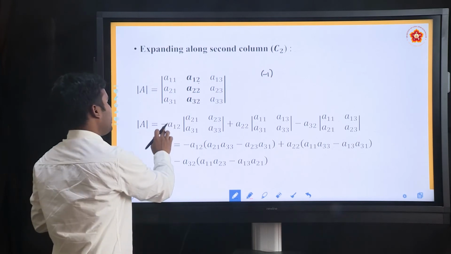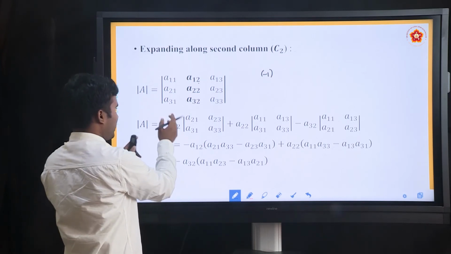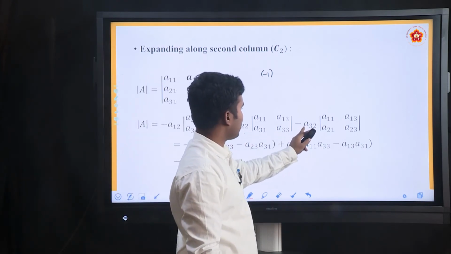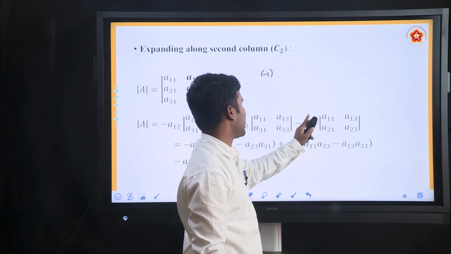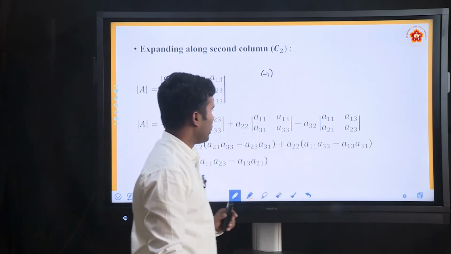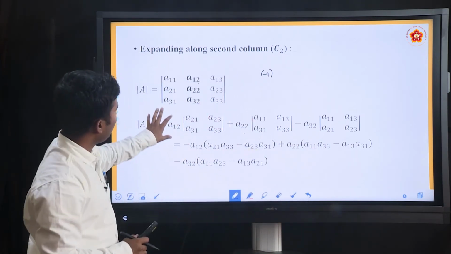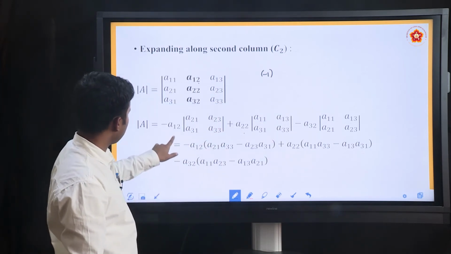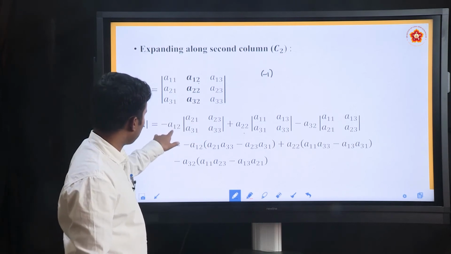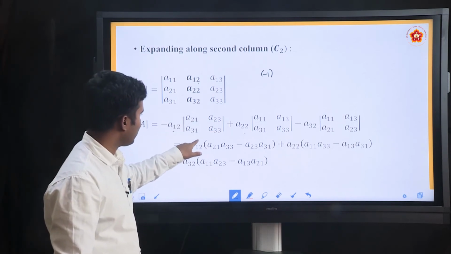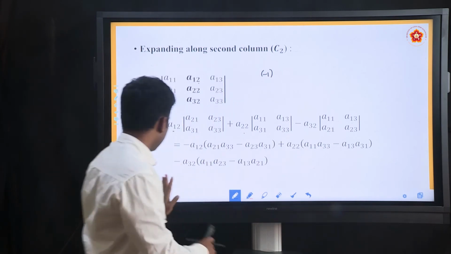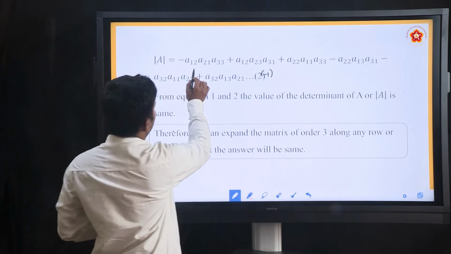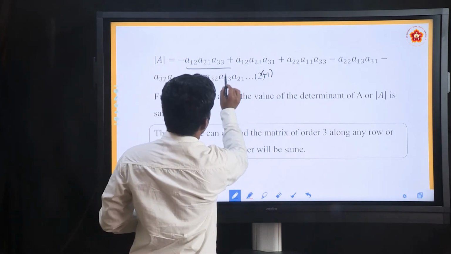See, minus 1 to the power 1 plus 2, minus 1 to the power 3, it is negative, and this is positive obviously, and this is negative because minus 1 to the power 3 plus 2 is minus 1 to the power 5, you will get minus. So, after that we had this. Next you just multiply this with the expansion of this one of order 2, you will get this one. And then look at this, after multiplication we got this, okay.